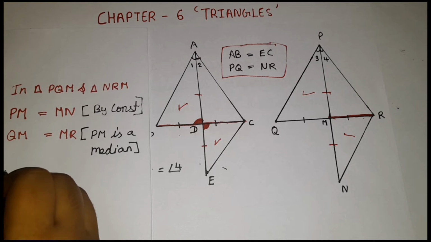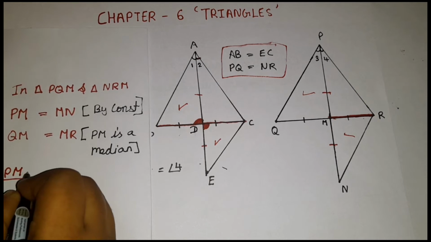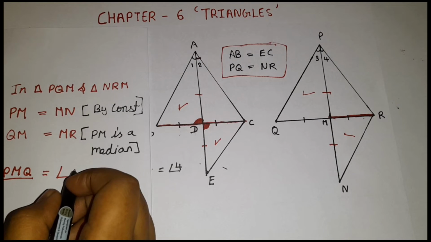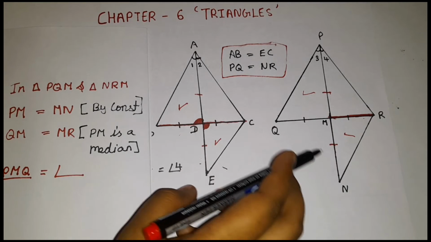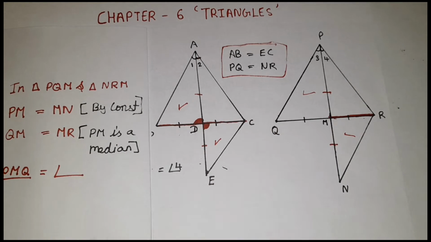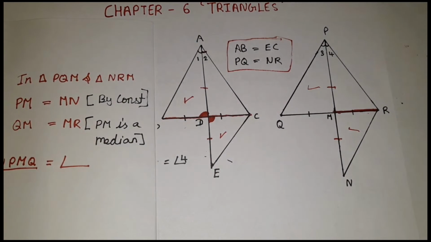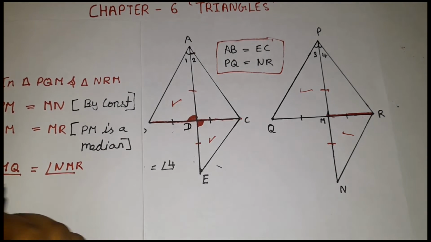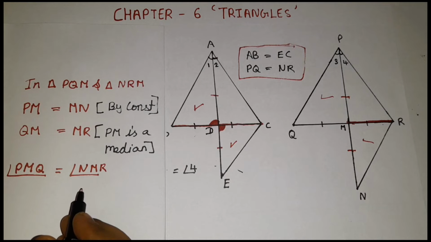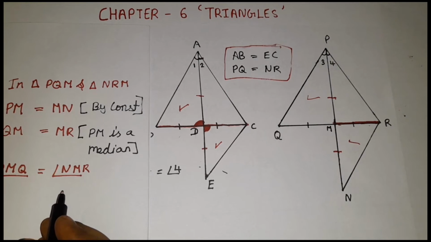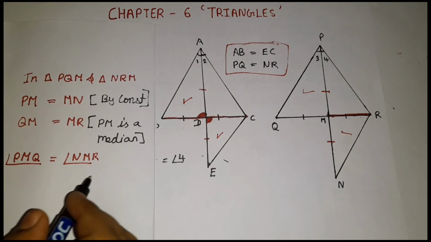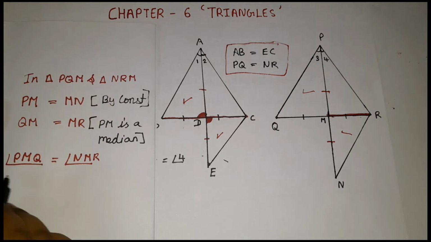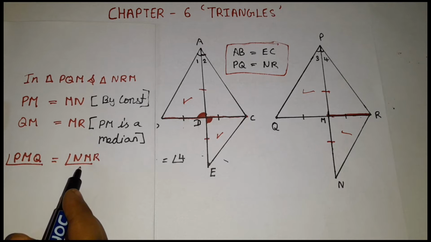So angle PMQ is equal to angle NMR. Okay, so it is an angle. Don't get confused, it is angle not triangle, please guys. If I just committed a mistake, I am literally sorry. So angle PMQ is equal to angle NMR.